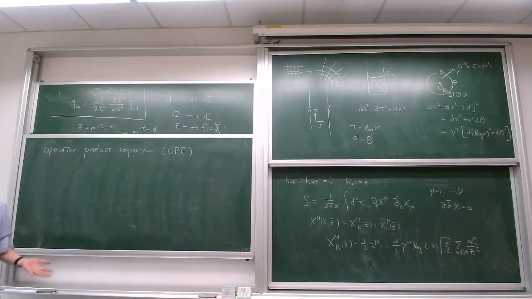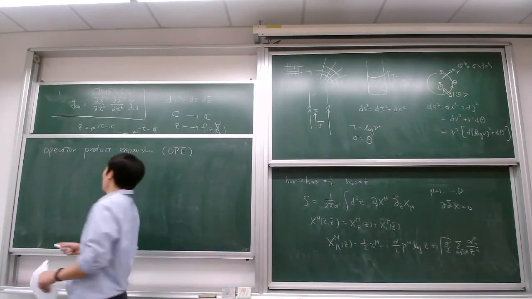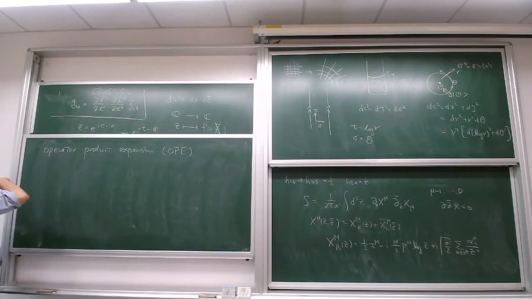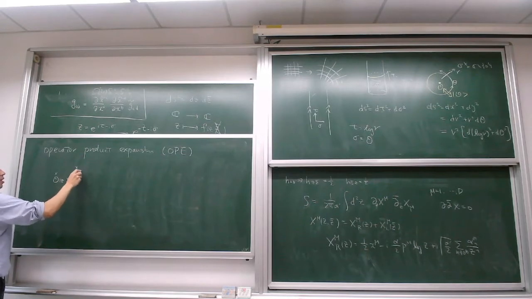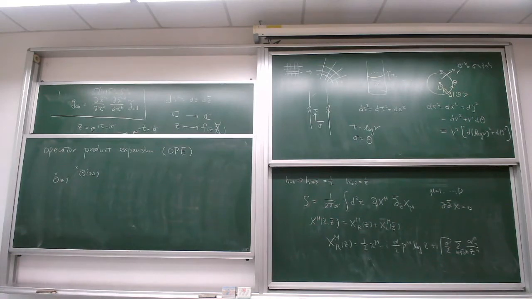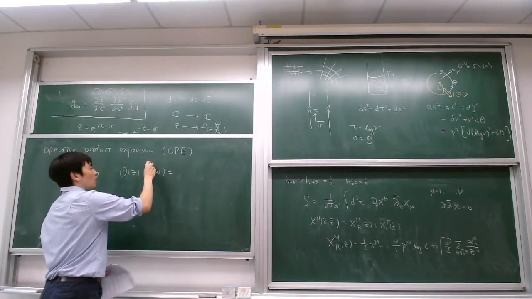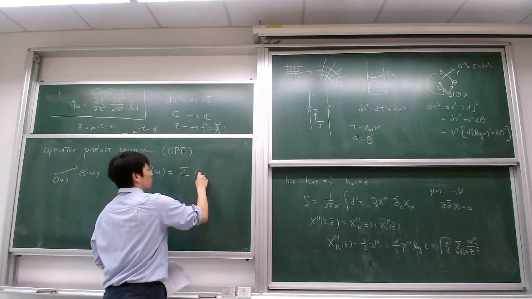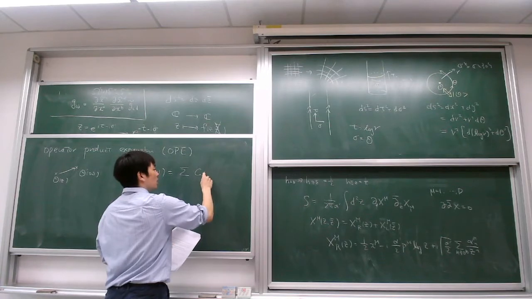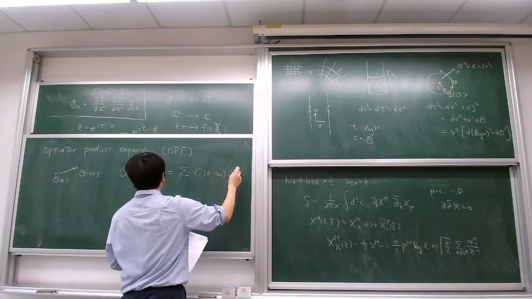So the notion is essentially: if you have an operator O at point z and another operator O' at w, then when one operator approaches the other operator, you can expand the product in terms of operators, with some coefficient which depends on z minus w, as far as I remember, and you have another operator.